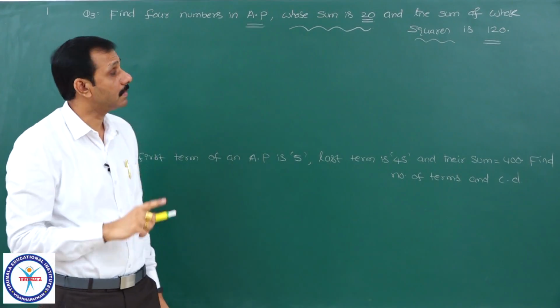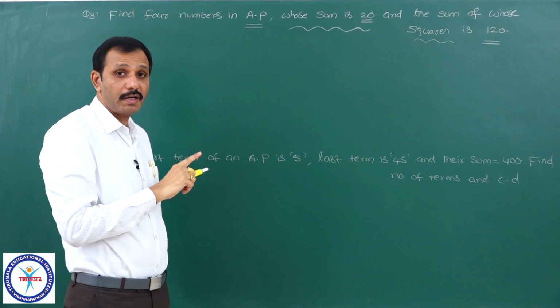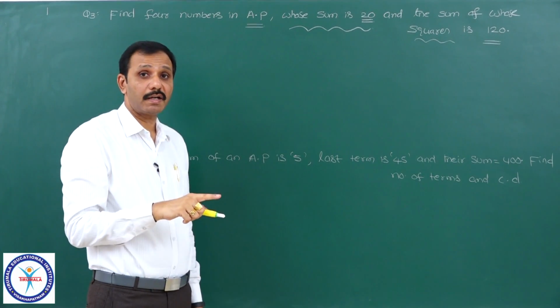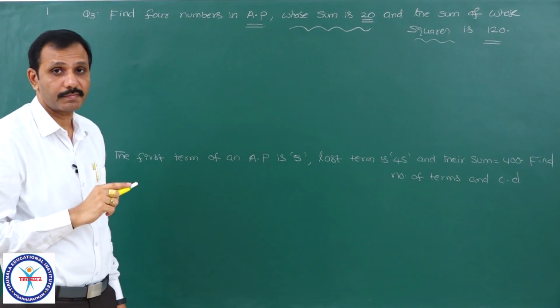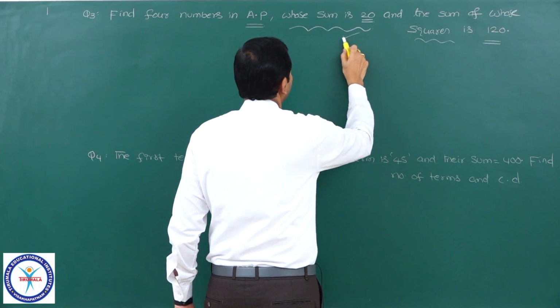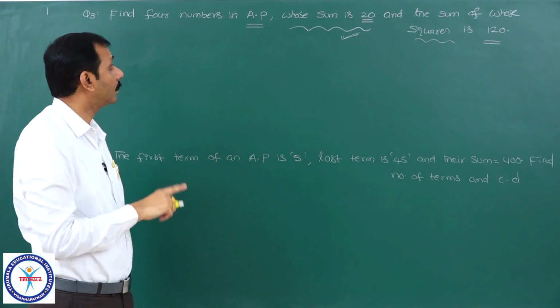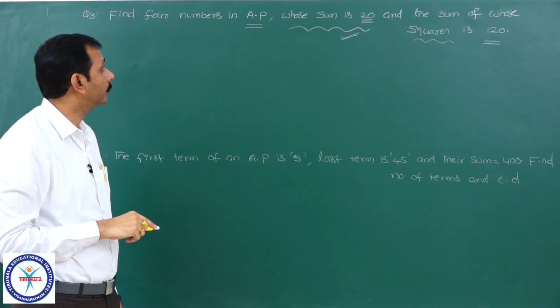In the previous class we clearly discussed how to take the required number of terms conveniently which are in AP. Particularly when the sum is equal to 20, choosing the terms will make a difference to do that problem effectively.